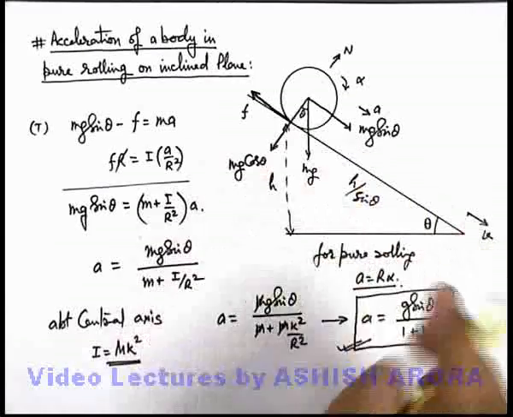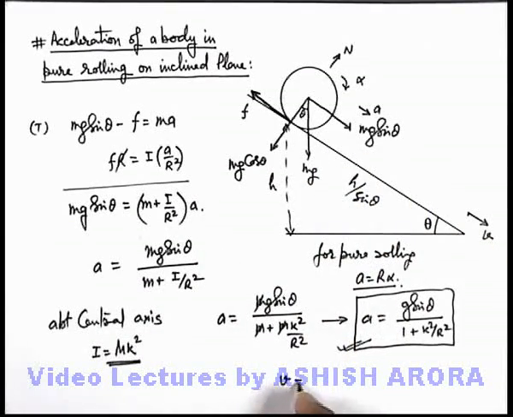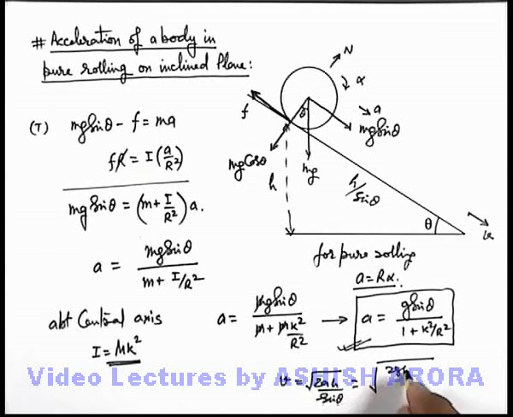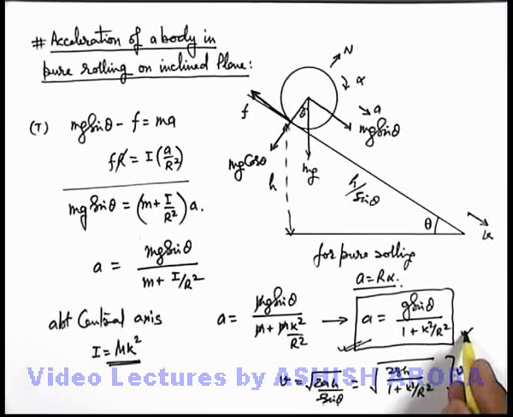So the speed with which it will reach the bottom can be written as root 2 aL, where L is h by sine theta. On substituting these values, the speed we get is root 2gh upon 1 plus k square by r square. This is also a very useful result. In many cases, you need to apply it, so be careful about both of these results.